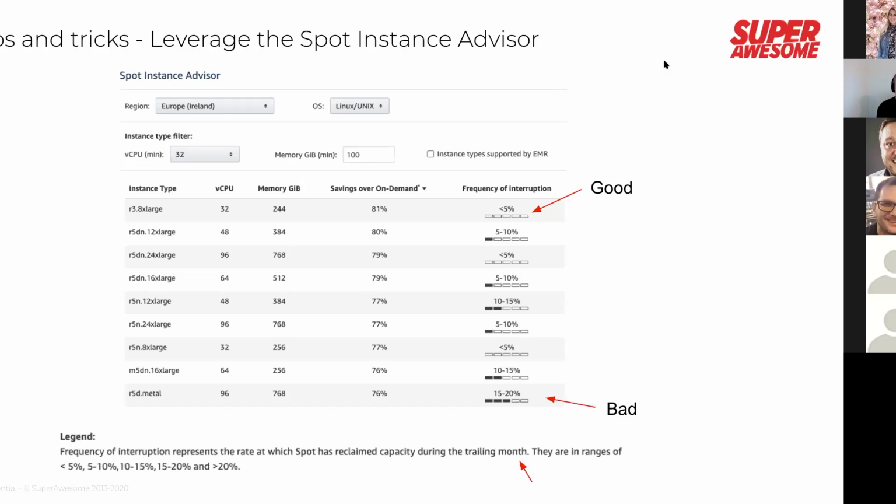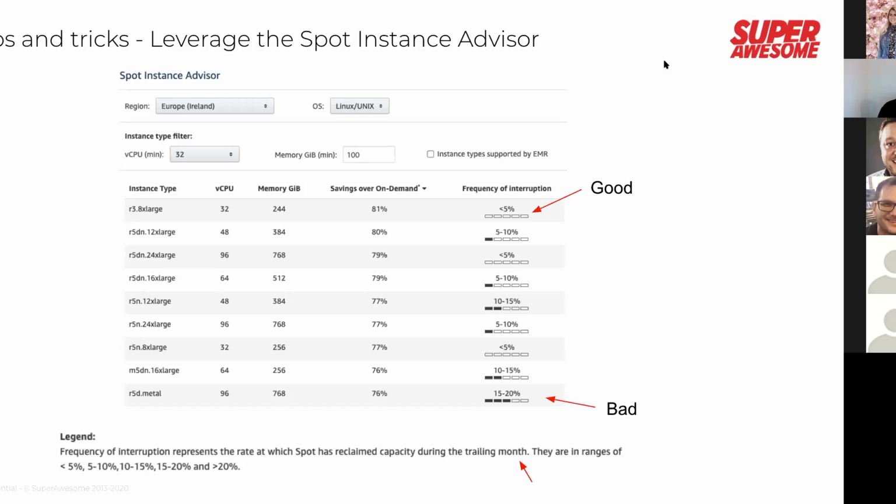In practice, it's not evenly distributed. So when you have a low frequency of interruption, you could keep instances for a really long period of time. When the frequency of interruption is really high, you might constantly lose your spot instances. So looking at instances that have a low frequency of interruption is really important.